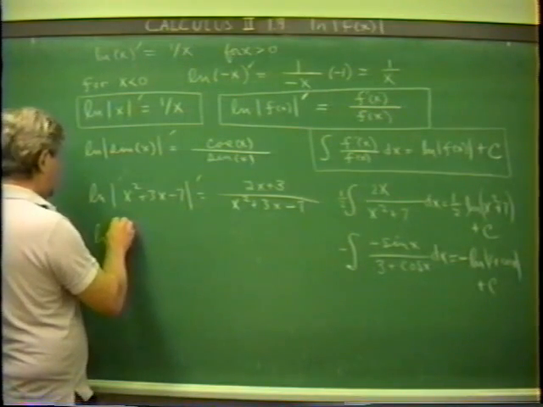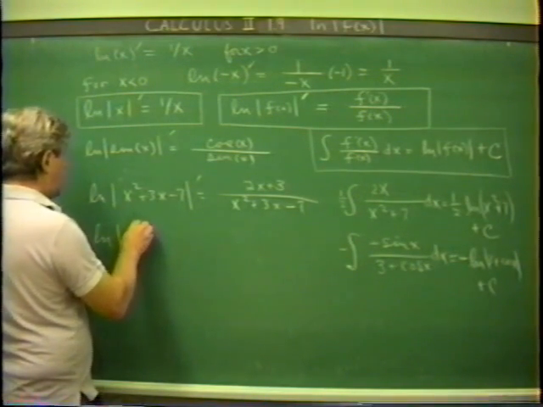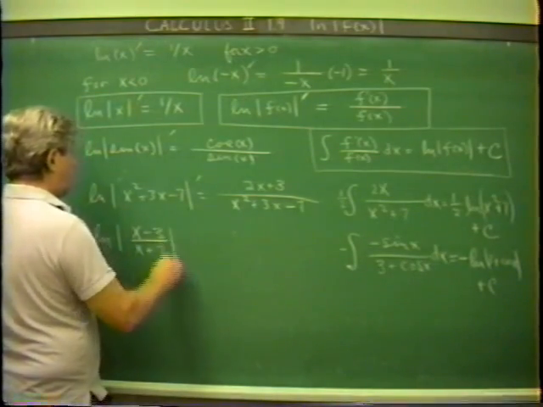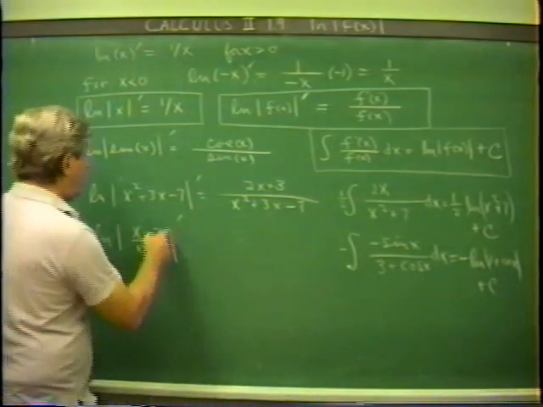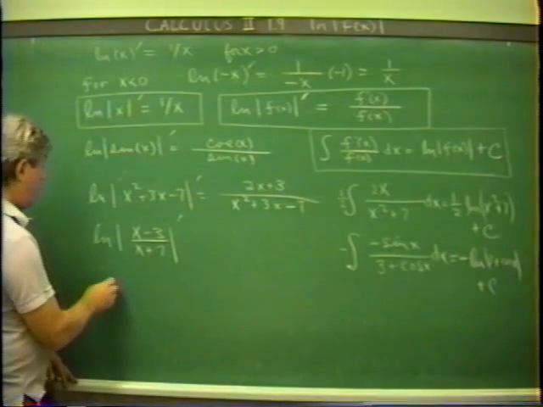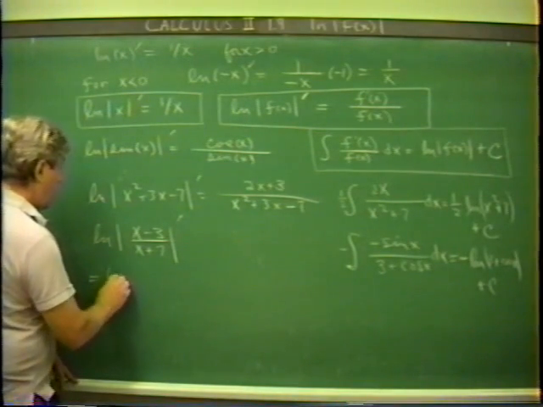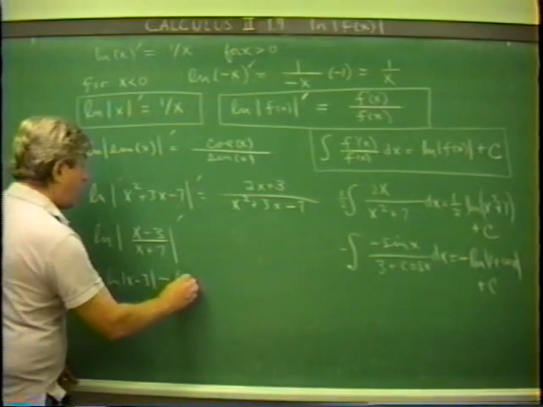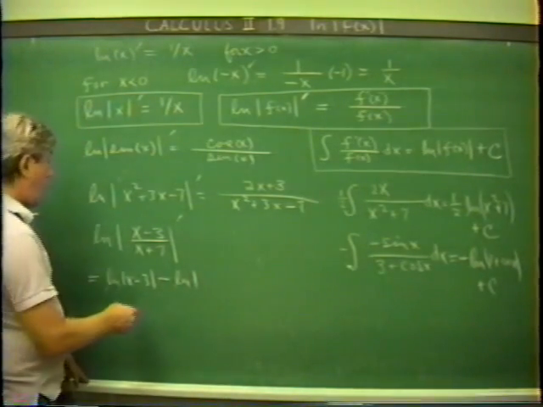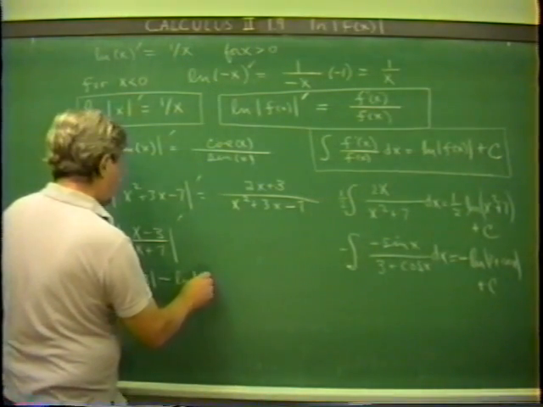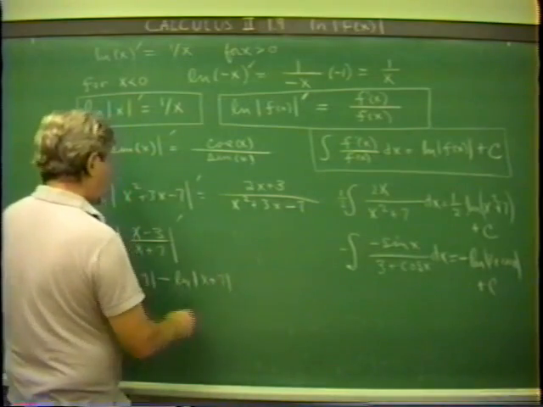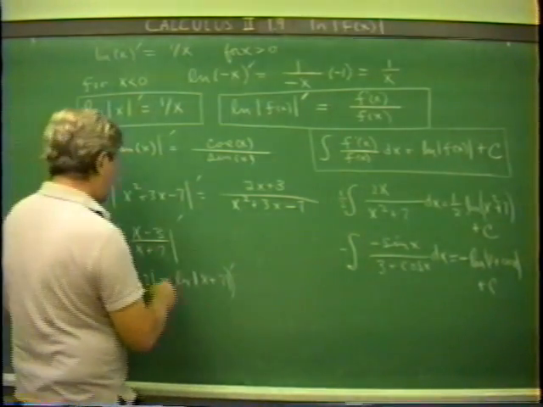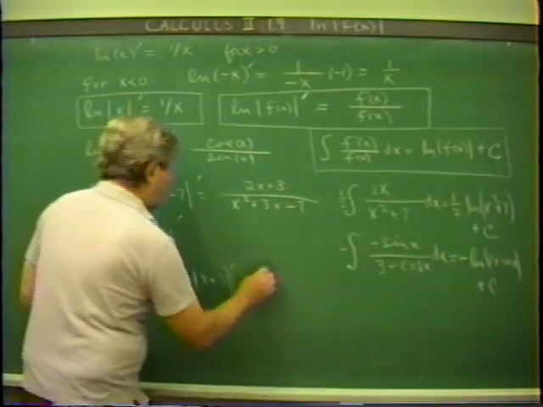Okay. Back here, for example, if you've got the log absolute x minus 3 over x plus 7, and you want the derivative, here you can use the rules of logarithms and write that this is equal to the logarithm of absolute x minus 3 minus the logarithm of absolute x plus 7.